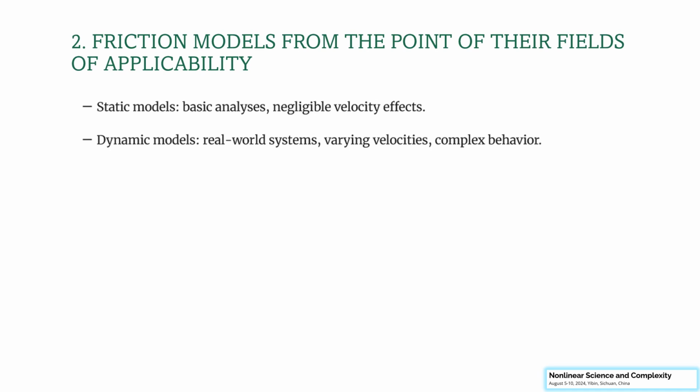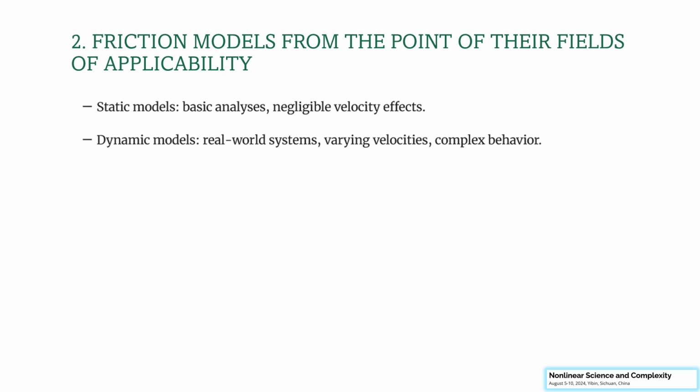Static are the Coulomb model, Coulomb plus viscous, and Coulomb plus Stribeck effect. The dynamic models are Dahl, LuGre, or even Maxwell slip. In the first case, the static models allow for basic analysis and include negligible velocity effects. The dynamic models allow for real-world systems modeling, varying velocities, and even complex behavior.